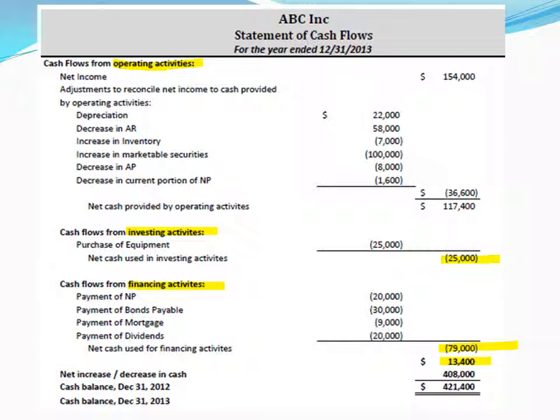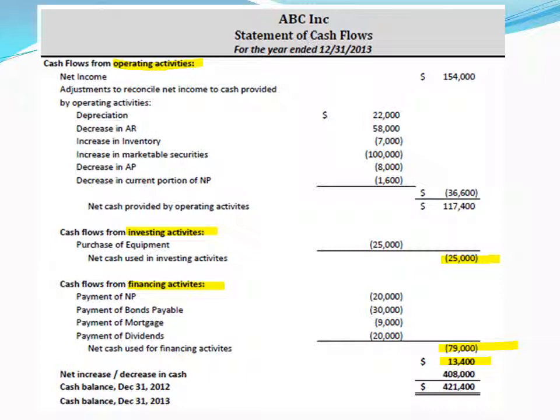You'll notice there are three major categories of activities that we are looking at cash in relationship to. So our operating activities, this is what we're in business for. And so I always like to make the distinction that profitability and cash flow are not the same thing.